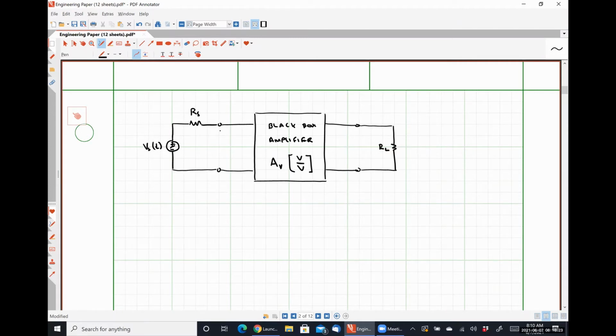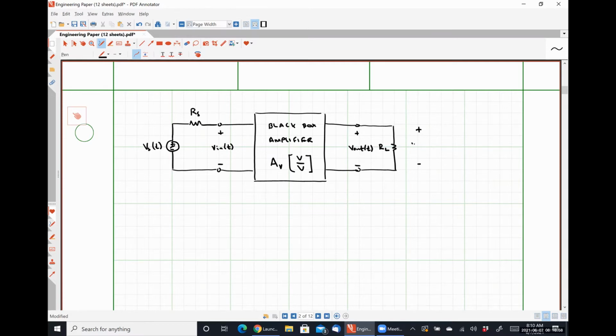So a couple of things real quick here. The input signal of our amplifier circuit is not Vs of t. It is what I've labeled here as Vin of t, which is the voltage applied across the input terminals of our amplifier, and our output signal will be here, Vout of t, the voltage drop measured across the output terminals of our amplifier.